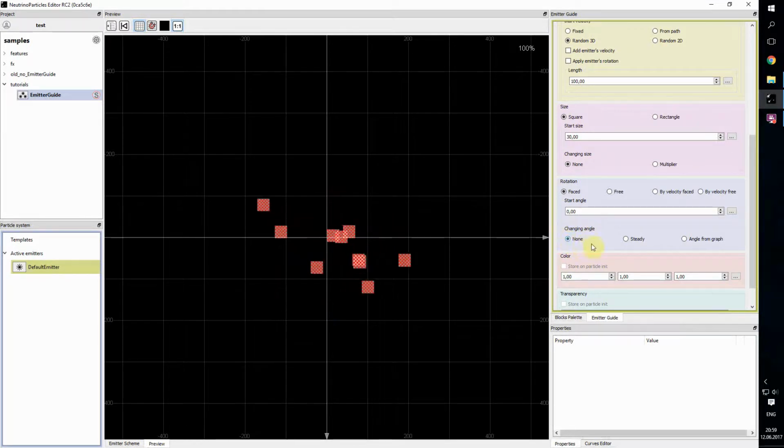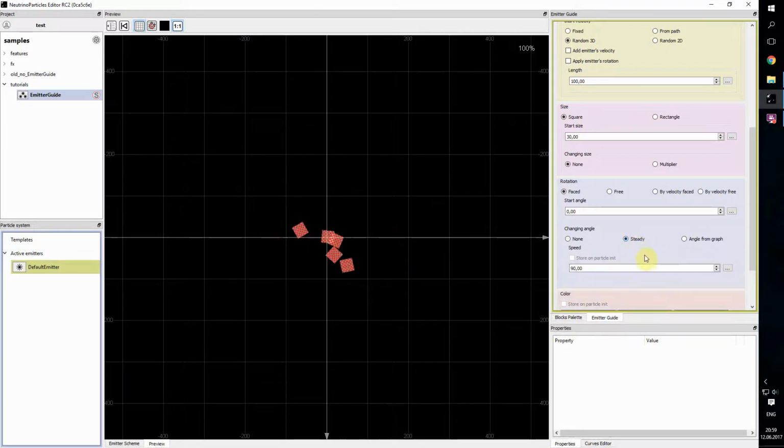It has three modes. None means particles don't rotate. Steady mode means all particles are rotating with some speed all the time. So we have a value which defines the speed of changing rotation angle.